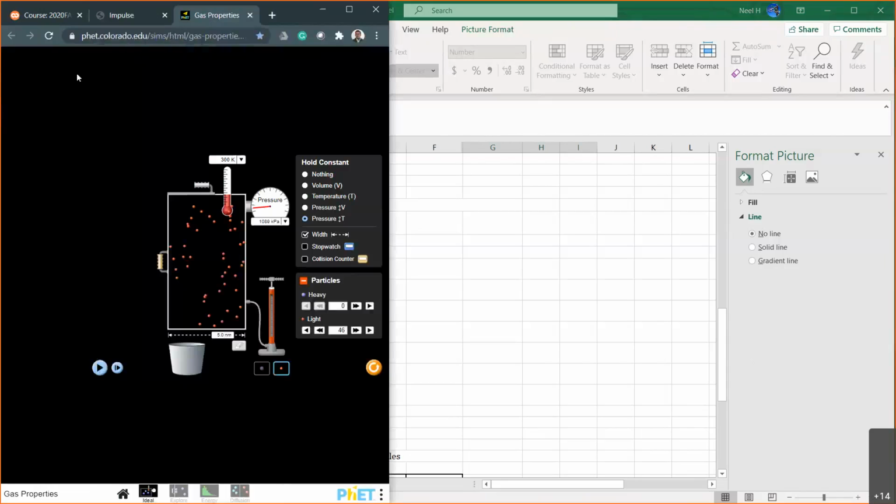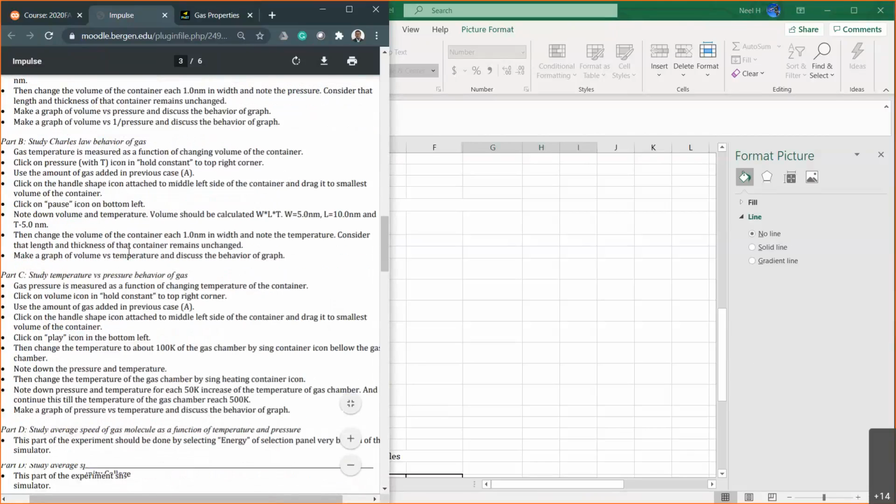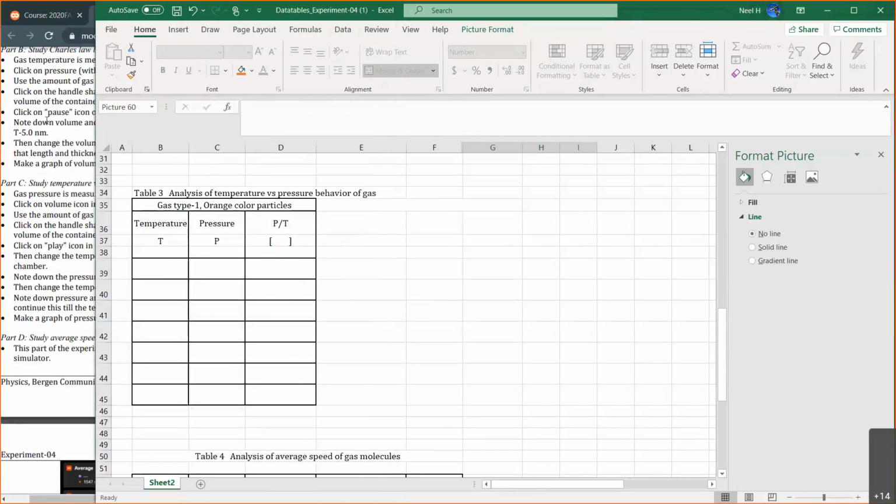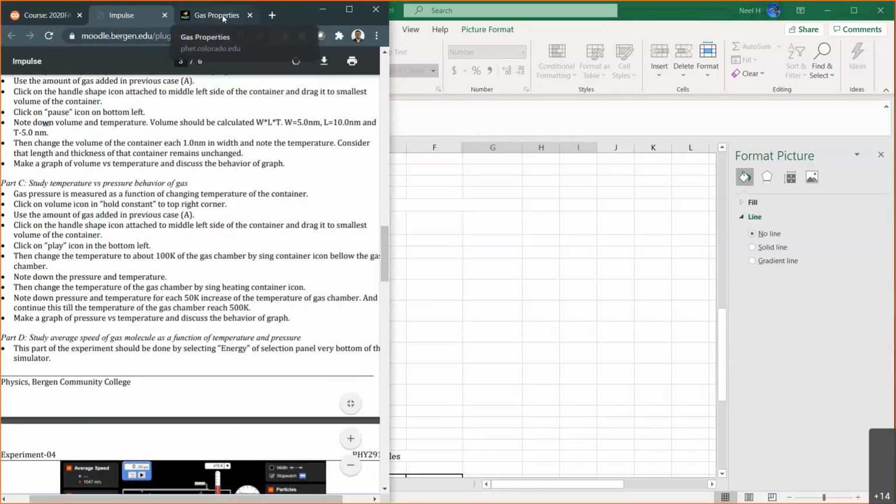Okay, so part C, we're going to take a look at how the temperature behaves with respect to pressure. Good, any question?